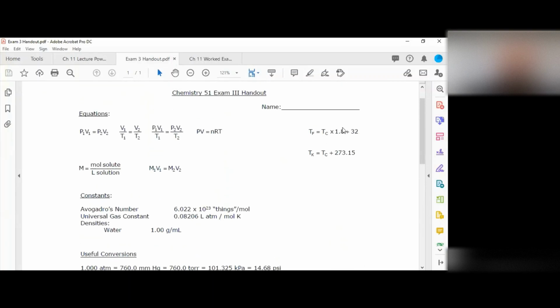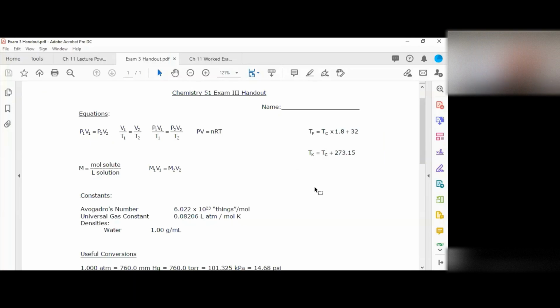So you have the Fahrenheit equals Celsius times 1.88. I don't know if you are able to see this. I hope you are. Okay. So you have the two equations that have to deal with unit conversions of temperature. So you have Fahrenheit equals Celsius times 1.88 plus 32, and Kelvin equals Celsius plus 273.15.